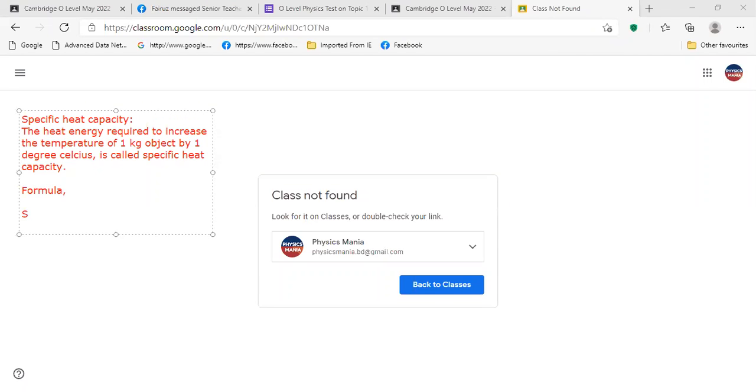Here we write specific heat capacity equals heat energy required divided by the mass of the object multiplied by the temperature change. We just divide by mass.